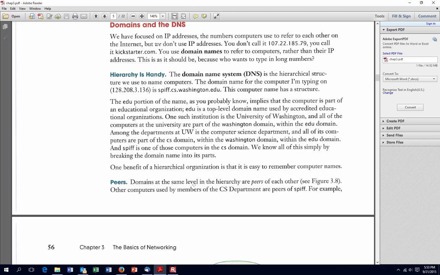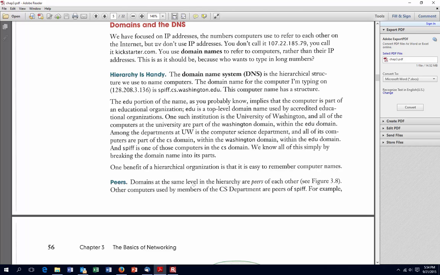So the very top is the root servers, and below that is what we call the primary domain, which in this case, we're showing the edu. So the breakdown is that the furthest right of the domain name, the .edu, is the primary or top level domain name.